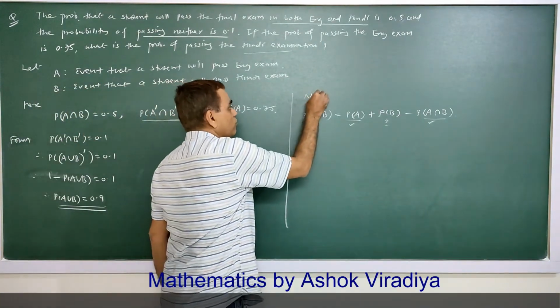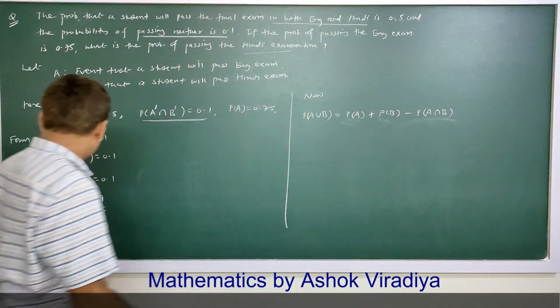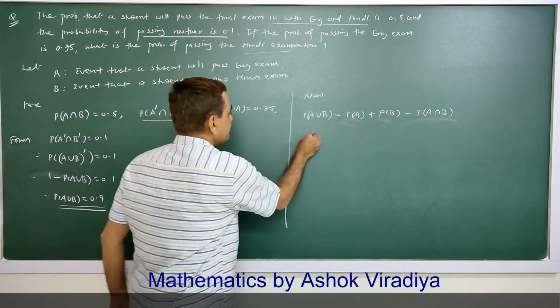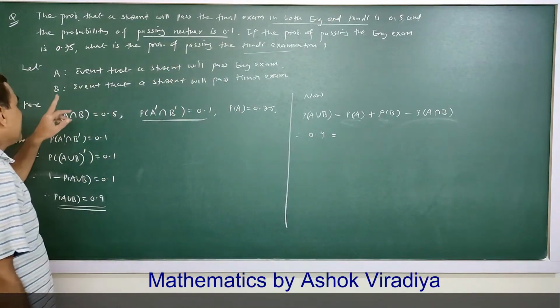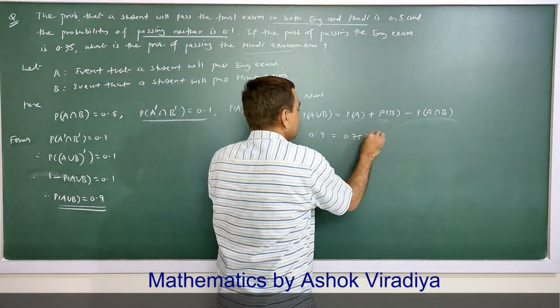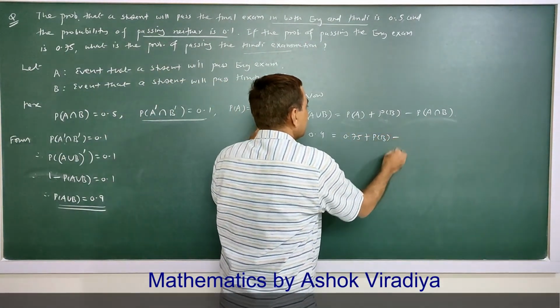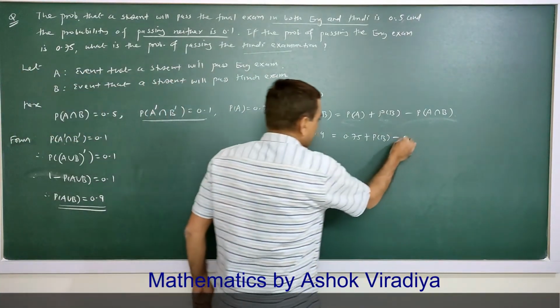Now in this formula, putting values, this is 0.9 equal to P of A, which is 0.75, plus P of B, which is required, minus P of A intersection B, which is 0.5.